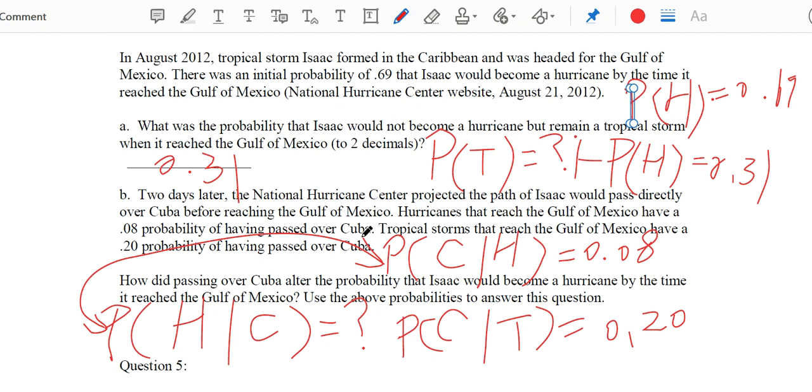So now we're going to look at how we write down the Bayesian theory for this specific case.